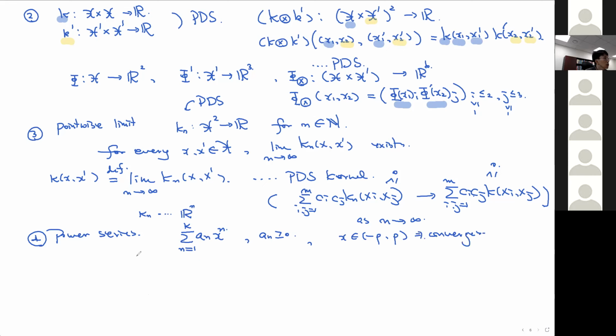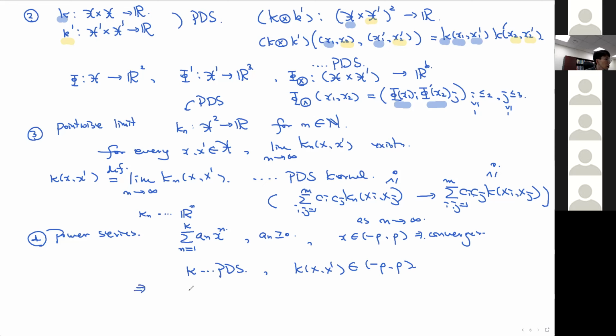So if that's the case, suppose we have a PDS kernel K, and the interesting bit is that K(x, x') falls within this range of convergence, sometimes called the radius of convergence.